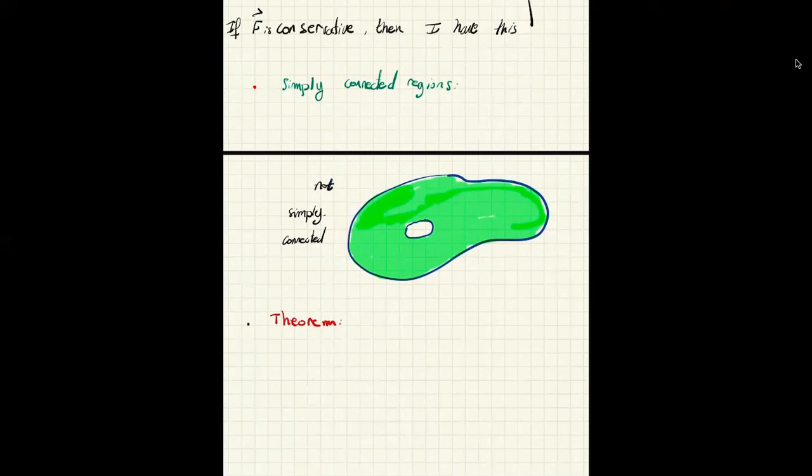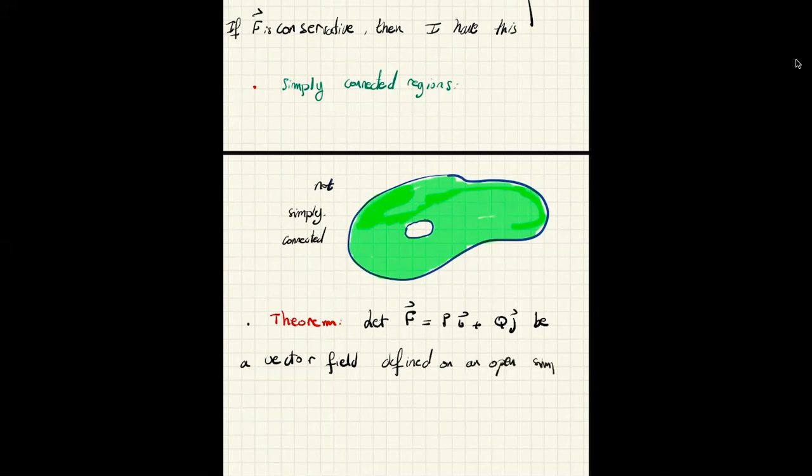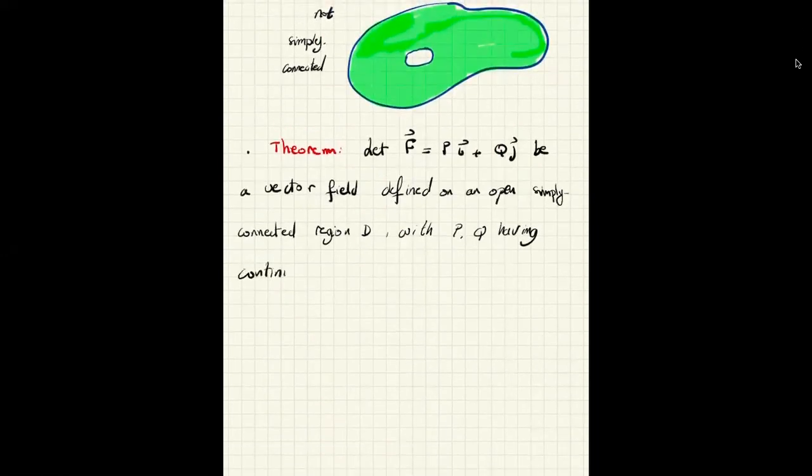The theorem says, let F be a vector field defined on an open, simply connected region D, with P, Q having continuous first partial derivatives.